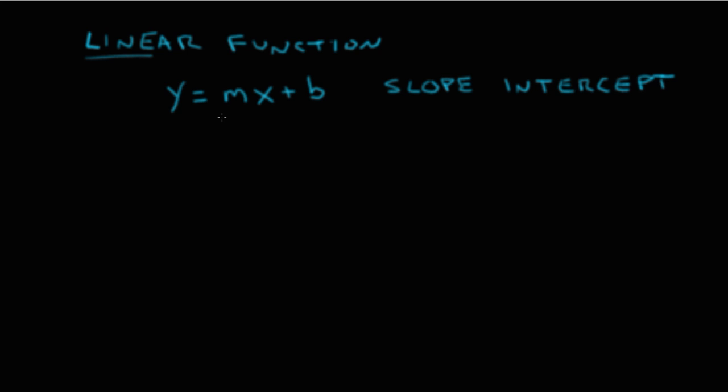And what this shows is that your dependent variable depends on your independent variable, your value m, and m is the slope, and b is your y-intercept. And your y-intercept is the value where the line crosses the y-axis, if you were to graph this out.